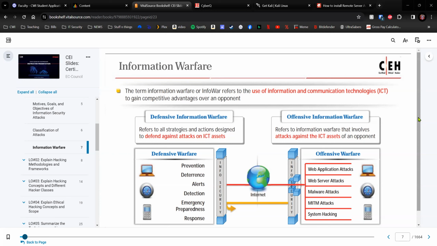Offensive information warfare refers to information warfare that involves attacks against the ICT assets of an opponent. Defensive is prevention, deterrence, alerts, detection, emergency preparedness, and response. And offensive, you have your web app attacks, web server attacks, malware, MITM attacks, and system hacking.